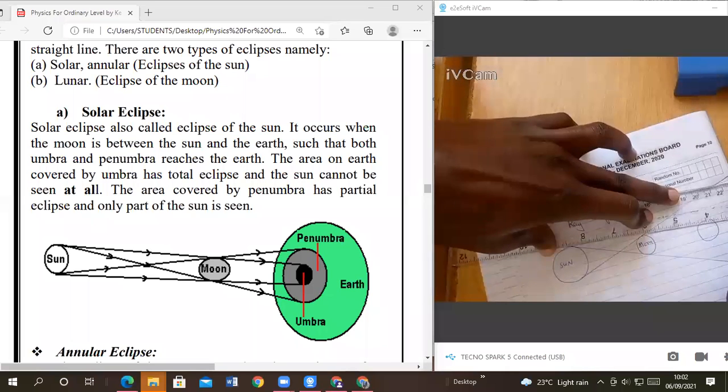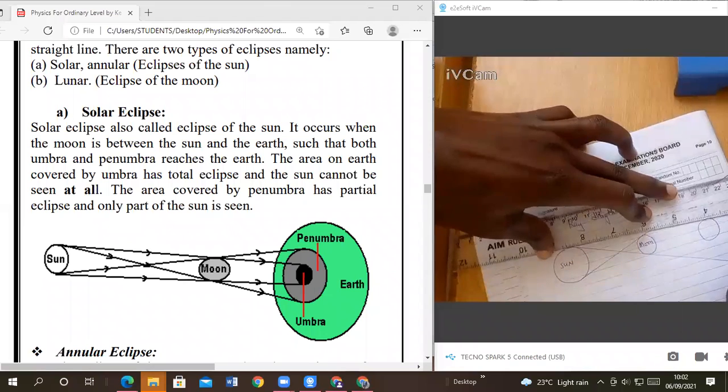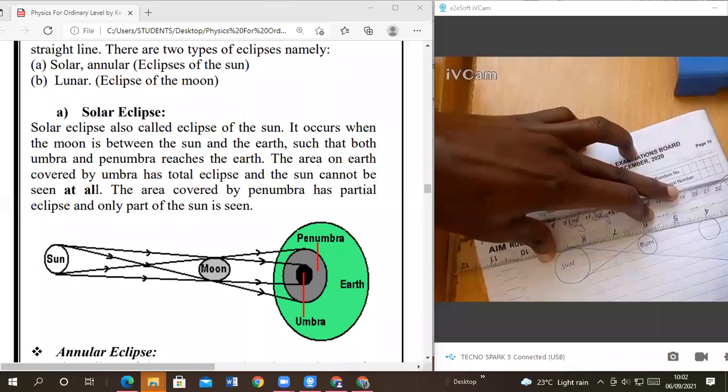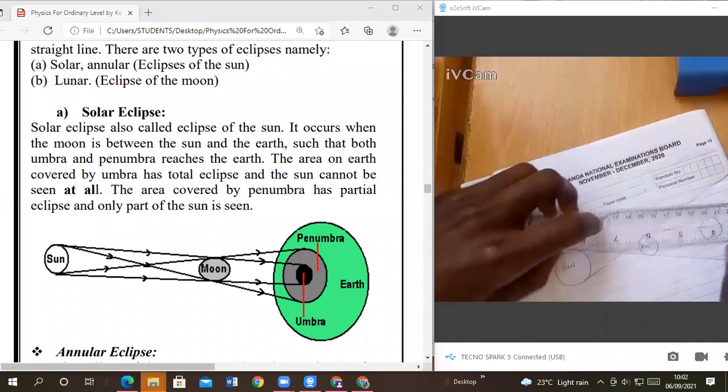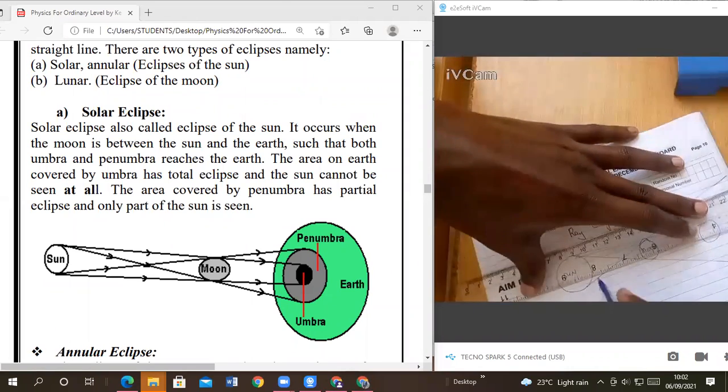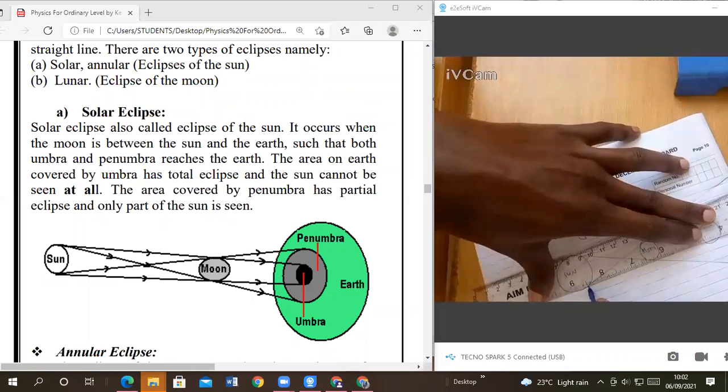It must move exactly from that point, which is there. So this one should move like that. Let's make it well. Even here should be like this.